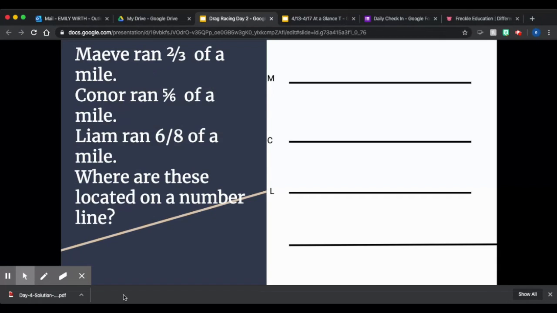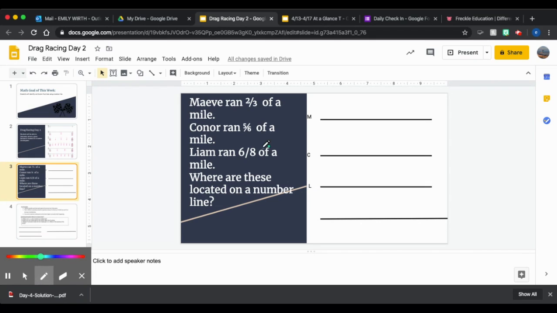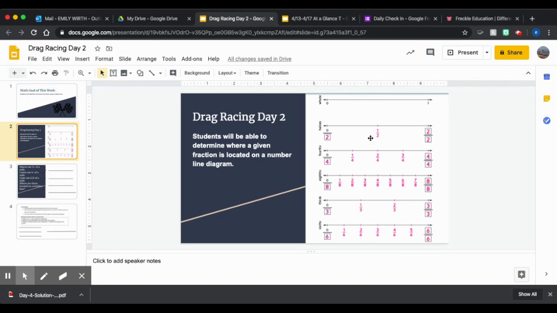So Maeve ran 2/3 of a mile, so we're going to break Maeve's number line into thirds. We know from yesterday that we can look at this number line and see how it is broken into thirds: 0/3, 1/3, 2/3, and 3/3. So they have 3 equal pieces.